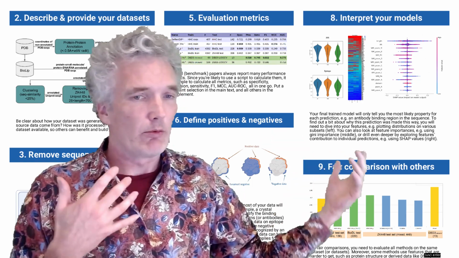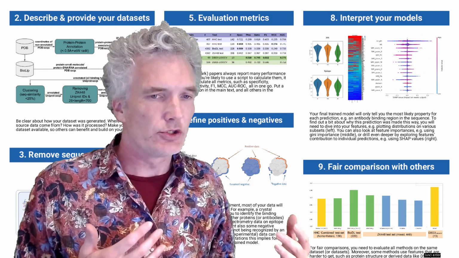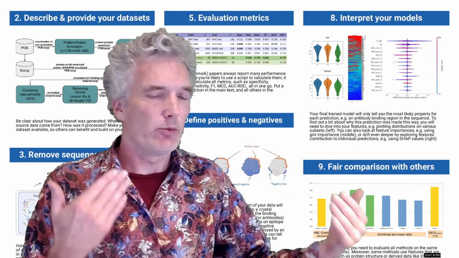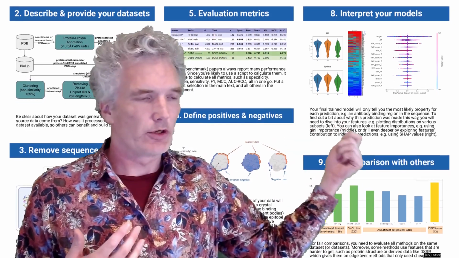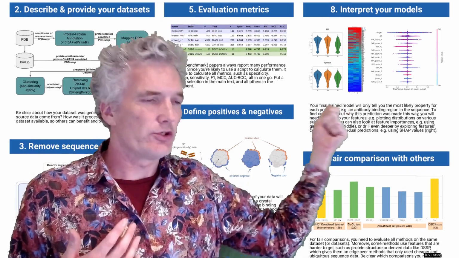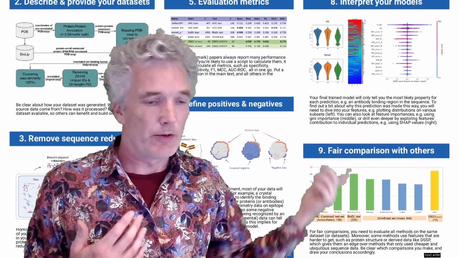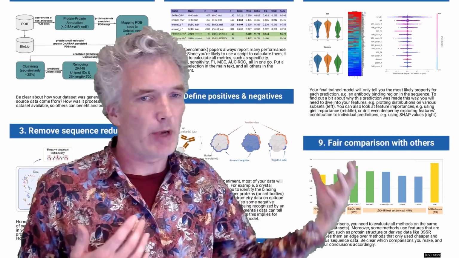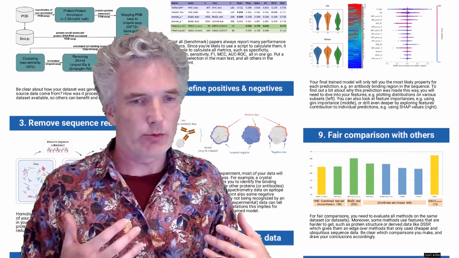So you can compare whether different features were important for different kinds of predictions. There are also more sophisticated methods like SHAP values that will allow you to do that even per individual prediction, like for a single residue, which were the features that contributed positively or negatively to this specific prediction. And then if you have this, you can actually try and interpret that back into the context of your biological question that you started out with.